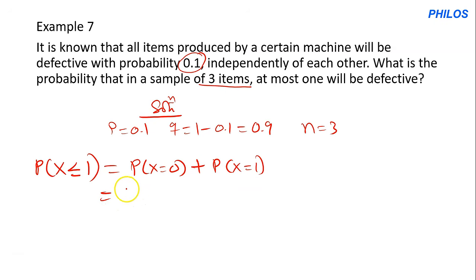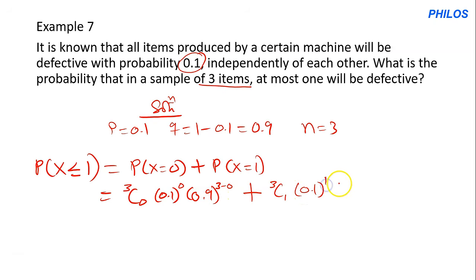So that will give us 3 combination 0 times probability of success is 0.1, isn't it? Exponent 0 times, now probability of failure is 0.9, exponent 3 minus 0, plus, then we take the second one also, 3 combination 1, our P is 0.1, isn't it? So 0.1 exponent 1, and then our Q is 0.9, isn't it? So 0.9 exponent 3 minus 1.